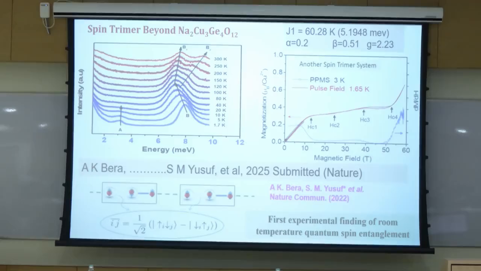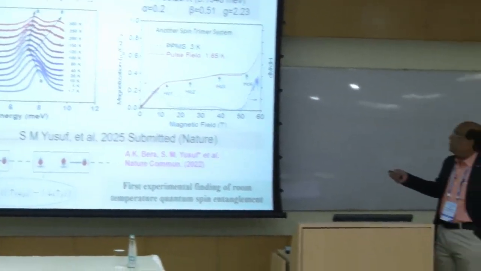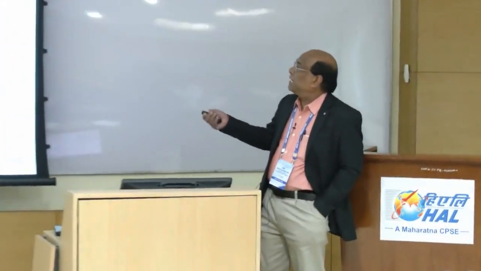The first paper we have published here and the second paper is under consideration, and this is the entangled state, and this is the quantum one-third magnetization plateau, which is nothing but the macroscopic evidence of this quantum entangled state at this elevated temperature. As you all know, quantum entanglement due to spin is feasible only at about milli K or so, but this is what is demonstrated there.